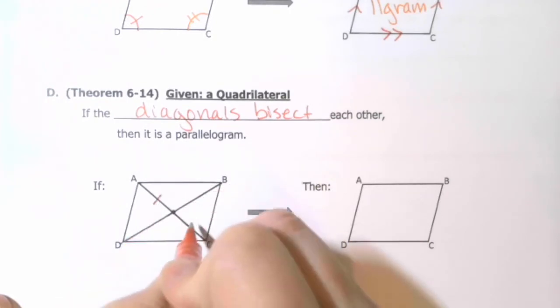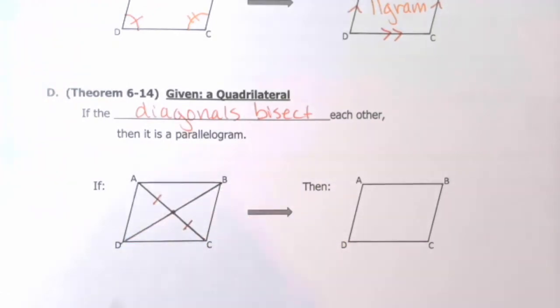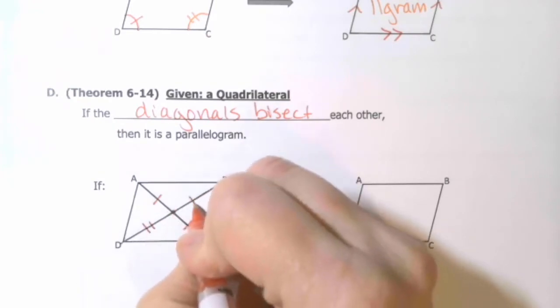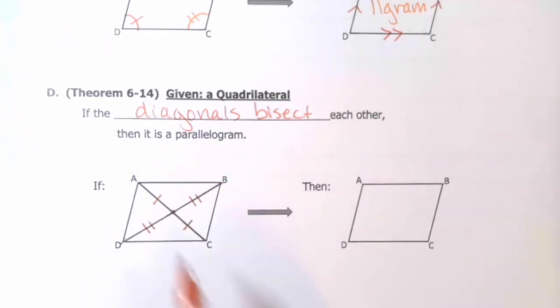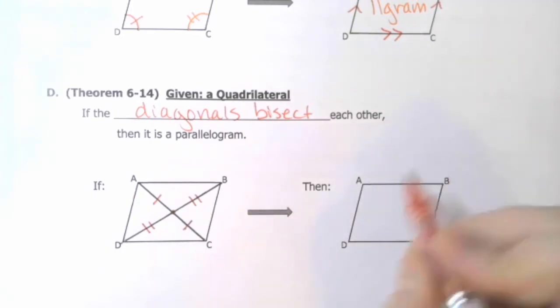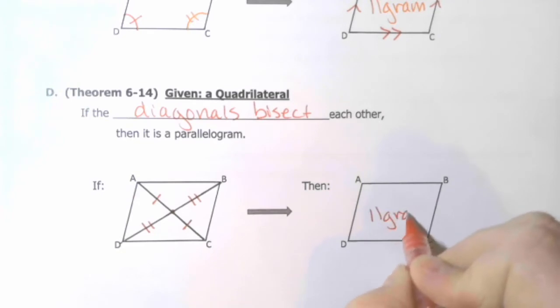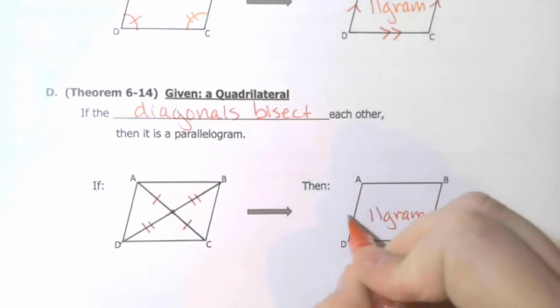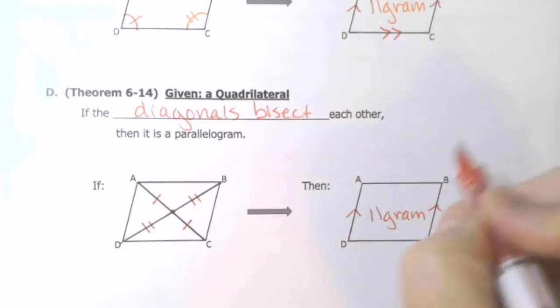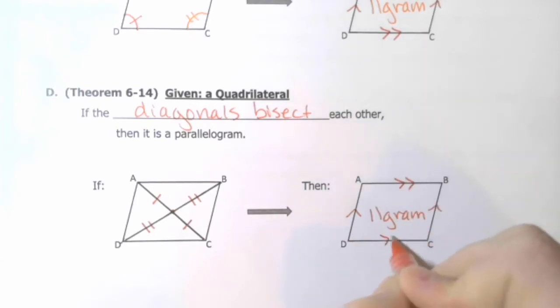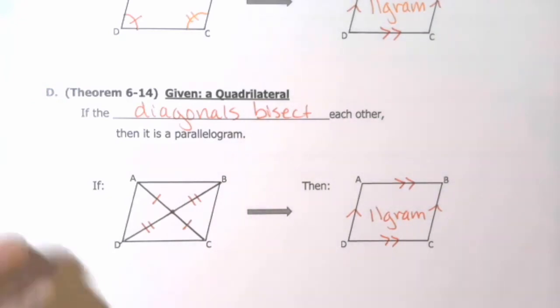A to the center point to C are the same, and DB is broken into two pieces. Notice there's two shorts and two longs. If the diagonals bisect, then you have a parallelogram, which means left and right sides are parallel, top and bottom sides are parallel. All right, flip the page.